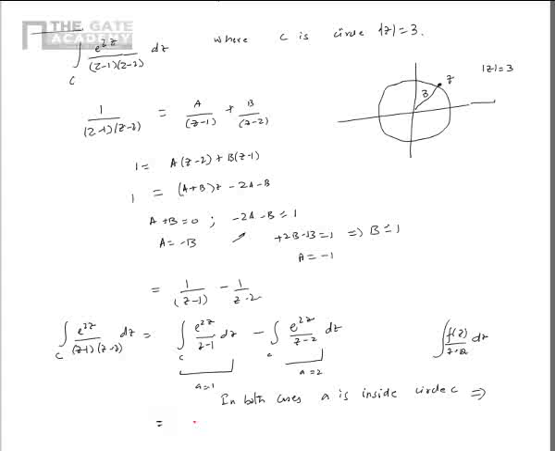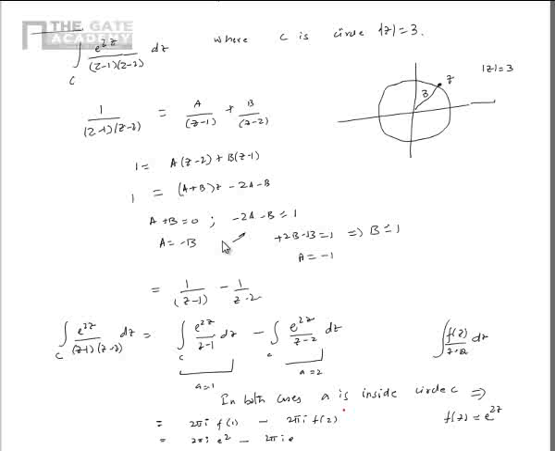So this will be 2 pi i times f of a. So f of 1 here minus 2 pi i f of 2, where f of z is e power 2z. So this is 2 pi i, f of 1 is e power 2, minus 2 pi i e power... Now here a is 2.